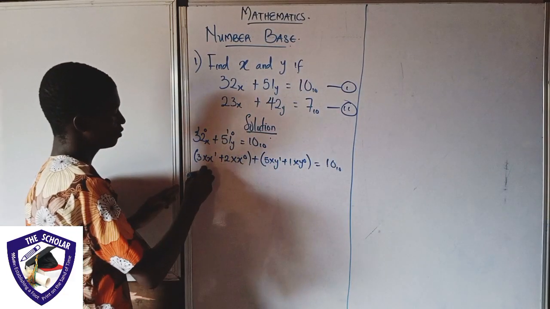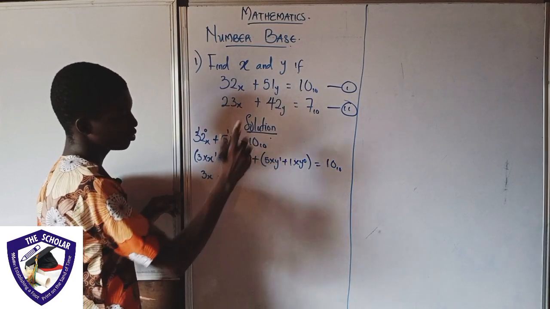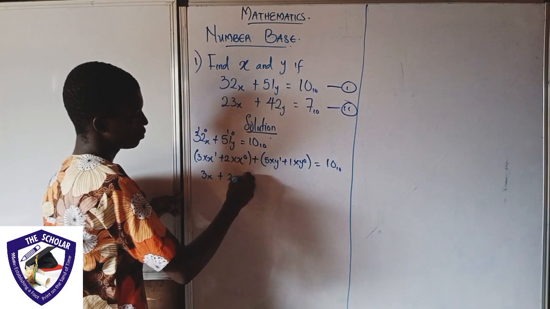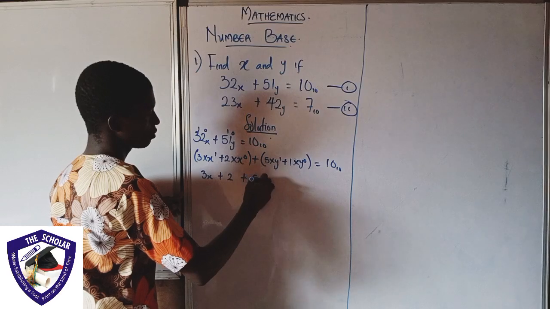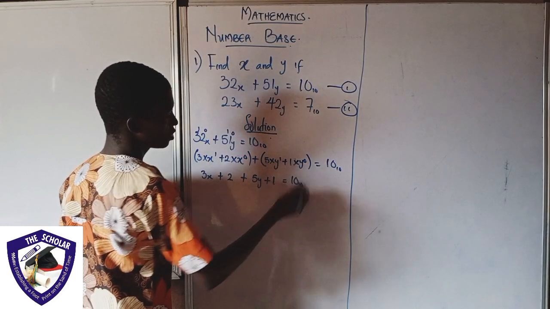So here you have 3x plus anything raised to power 0 gives us 1, so we have 2 plus 5y plus 1 equals 10 base 10.